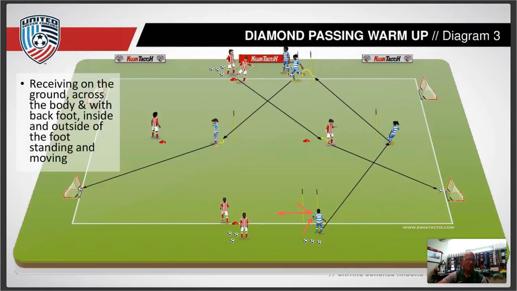When the ball is traveling into here, this player is now making a decision based on what they saw from this player, whether the ball is going to get played here, whether the ball is going to get played into the goal, which would be an overlapping player in the game making this run, or if the ball is going to get bounced back to this player. So this player is now making decisions, just like the game, on the visual cues that they're reading from this player, having 3 choices now to play a ball.